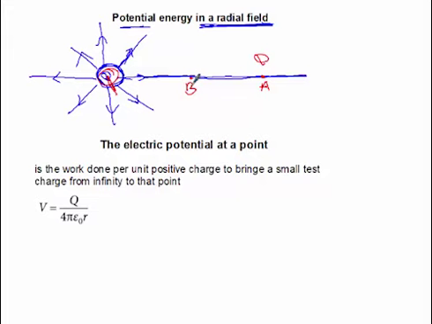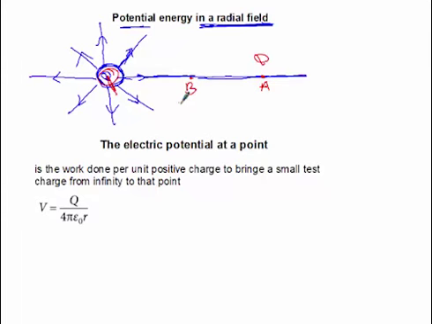So here we have the potential. As we know, we just mentioned that the direction of E is toward the direction of decreasing potential. So this is the direction of E, to the left. It means when we are going from B to A, potential is decreasing.